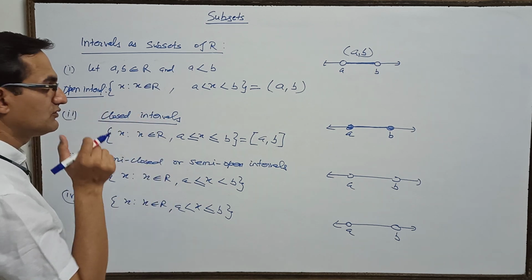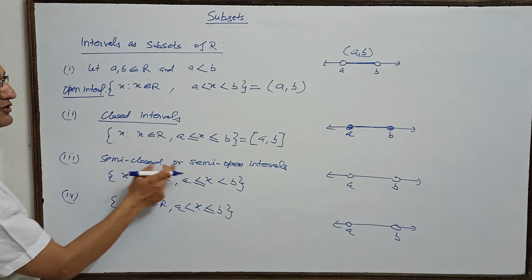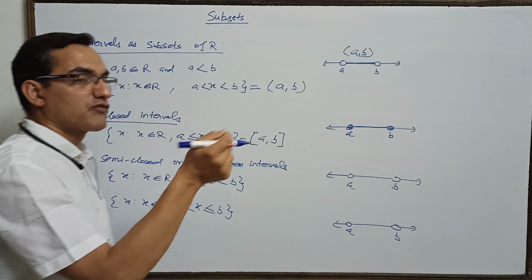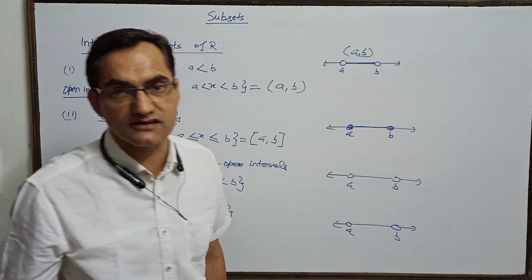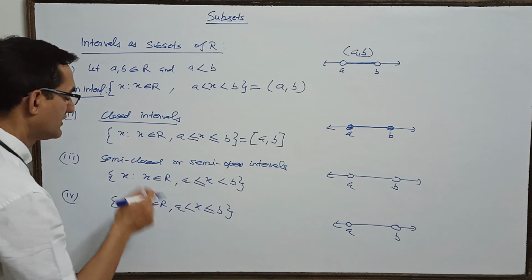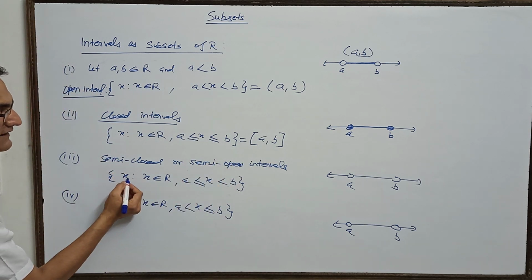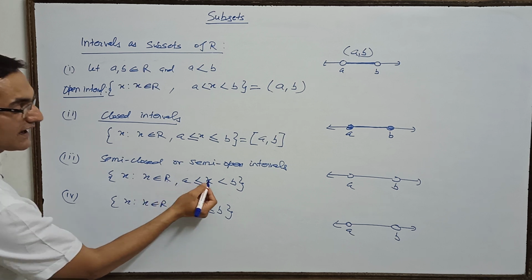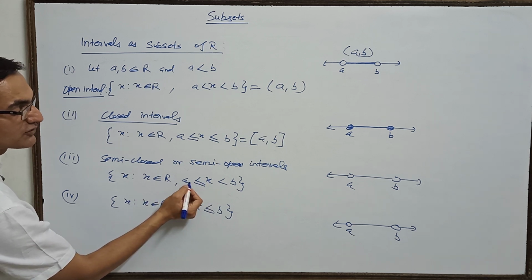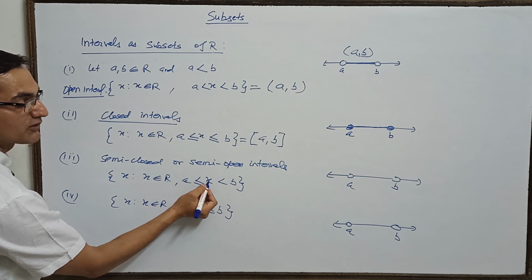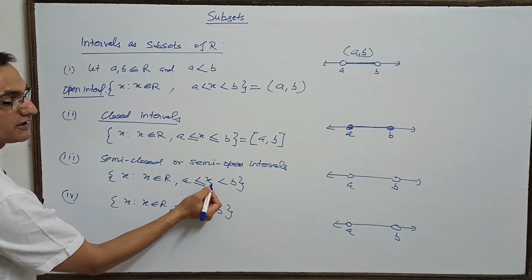Next come the two types, semi-closed or semi-open intervals. Semi-closed means from one side it is closed and the other side it is open, or vice versa. Let's take x such that x belongs to R and x is greater than or equal to A but less than B. It means A is included in the interval, but B is not included in this one.